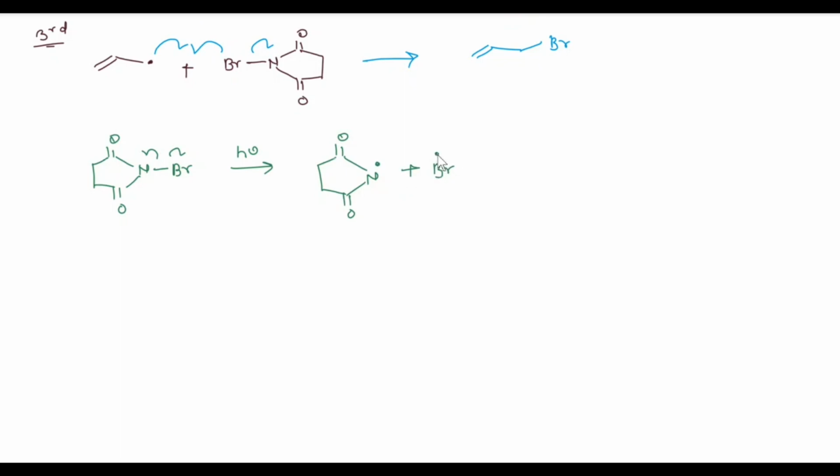Plus Br radical. In the next step, the allylic hydrogen is abstracted by this Br radical, and formation of an allylic radical takes place, plus HBr.